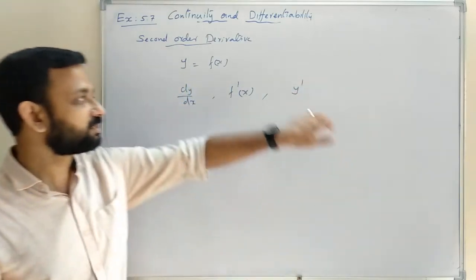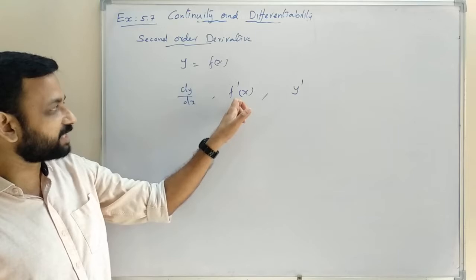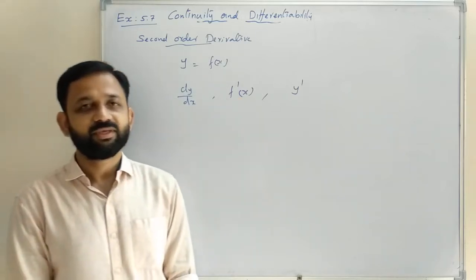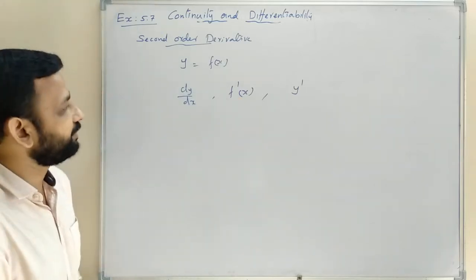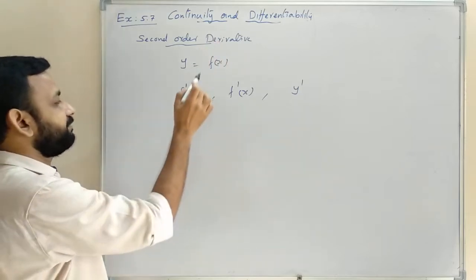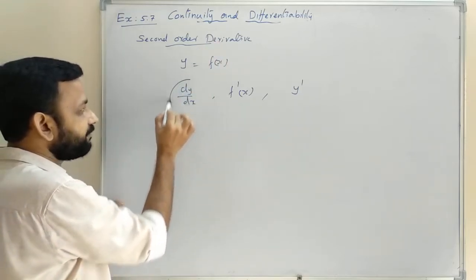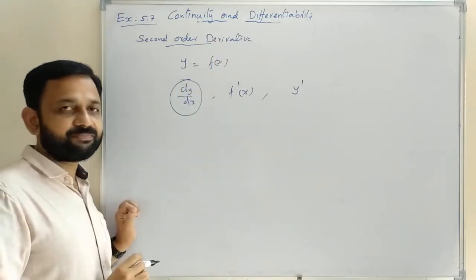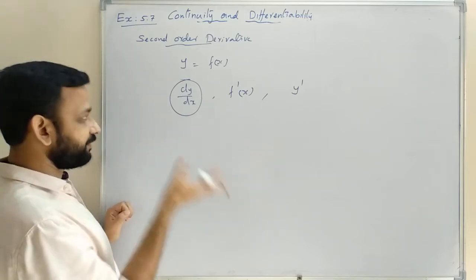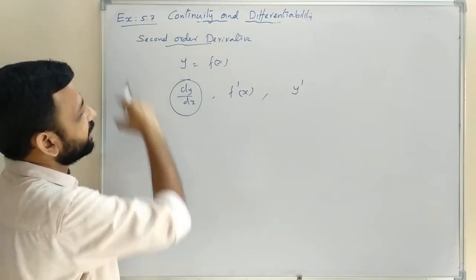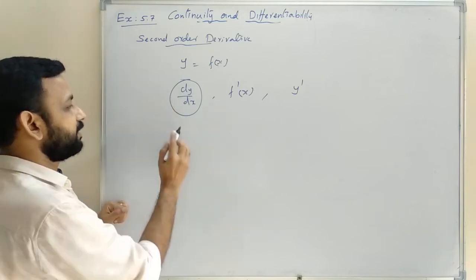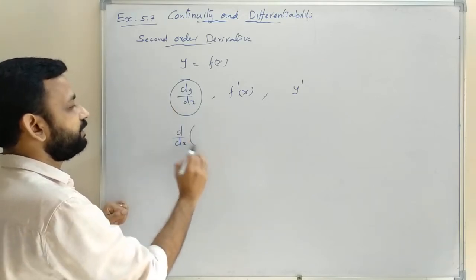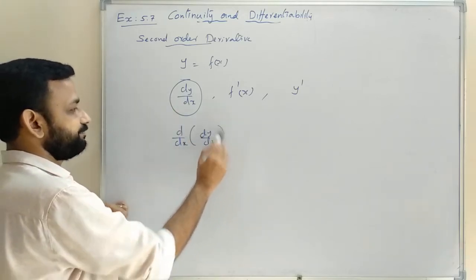So this is the first order derivative: y dash, or f dash x, or dy by dx. That is called the first order derivative. And the second order derivative comes when dy by dx is differentiable. Then again we can differentiate this one, that is d by dx of dy by dx.